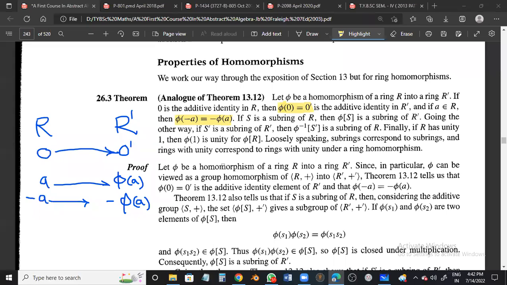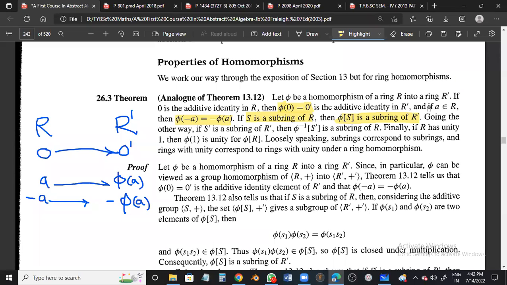Okay. Then let us go to the concept of subring. If suppose S is a subring of R, then phi of S, the image set of that particular S, also is a subring of R dash. So whenever S is a subring, phi of S is also a subring. But what is phi? Phi is not an ordinary map.